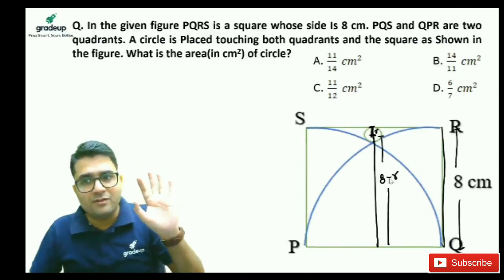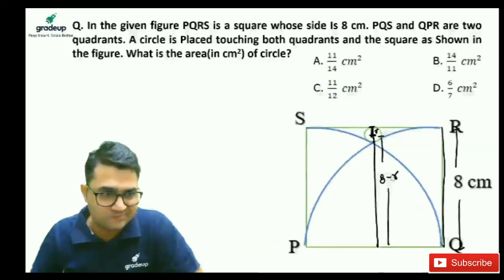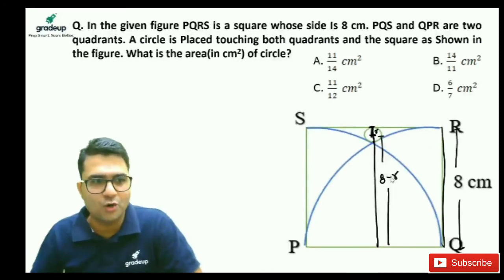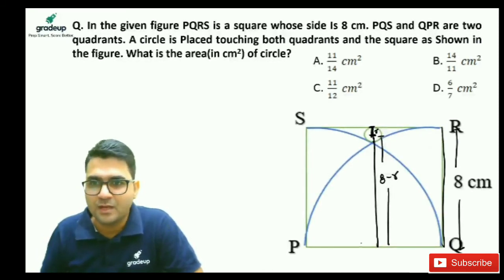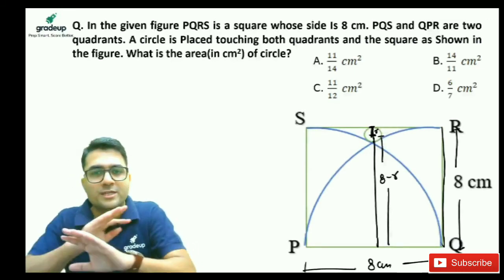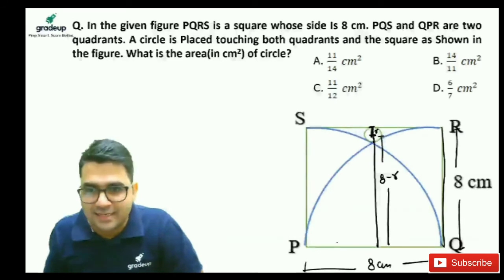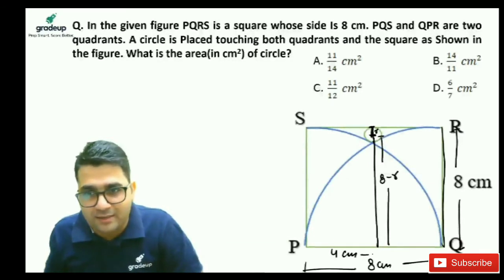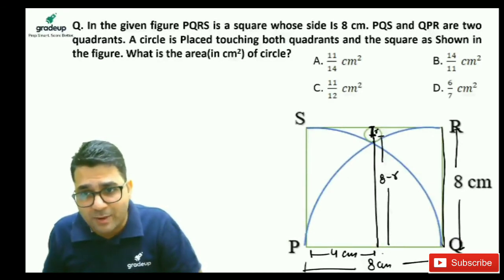You all agree with this point? Agreed. If this side is 8 centimeter and due to symmetry, can I say this is 4 centimeter? Yes, due to symmetry, this will bisect the side for sure.